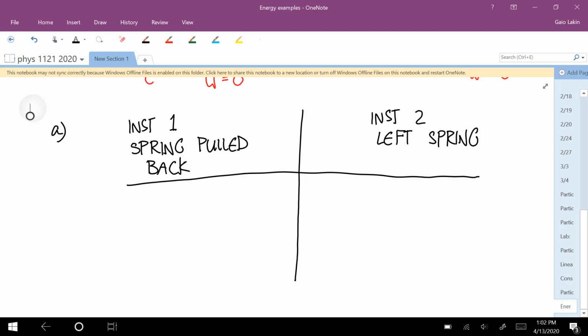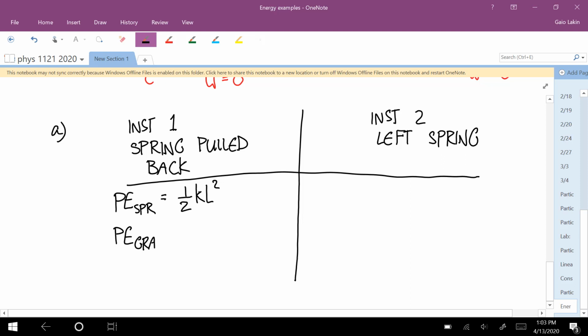Okay, so the potential energy due to the spring force is equal to, and I gave this to you last time, 1/2 times the spring constant times the deformation squared. So that's the potential energy that the cart has at that first instant. Now we have to deal with the weight force. The formula for this is mass times 9.81 meters per second squared times the height.